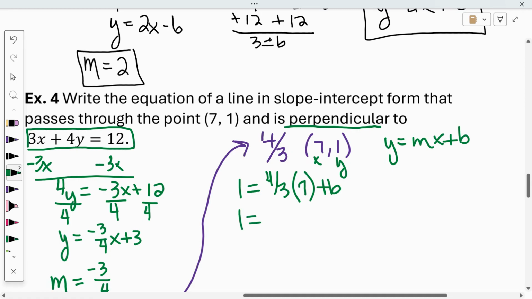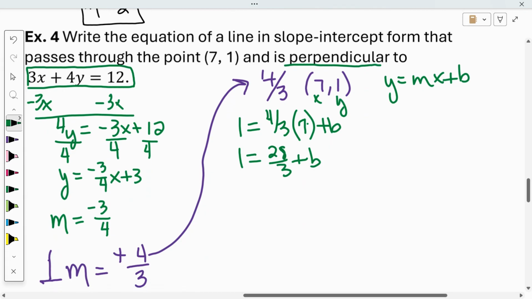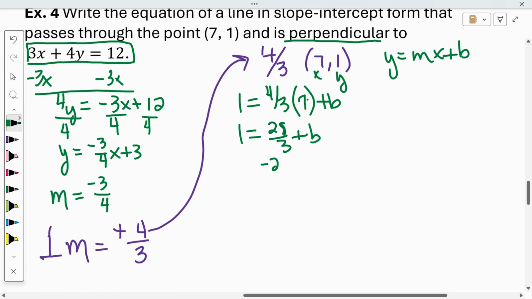1 equals, well, 4 times 7 is 28. So I have 28/3 plus b. When I subtract 28/3 from both sides, remember that the whole number 1 is the same thing as 3/3. 3 minus 28 is a negative 25.